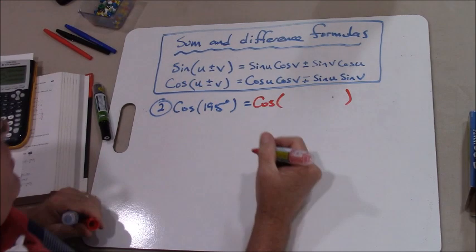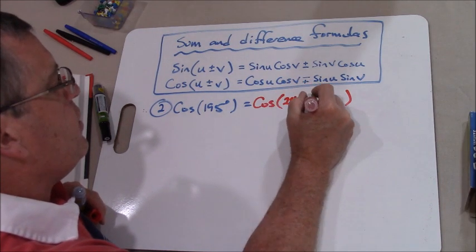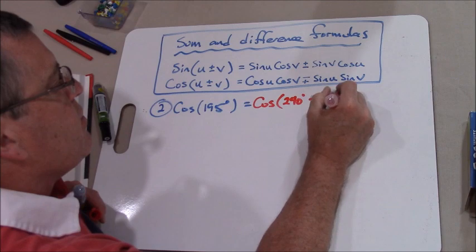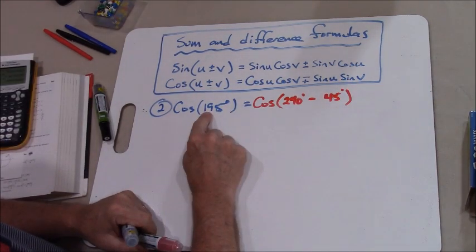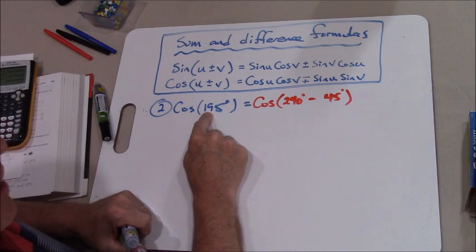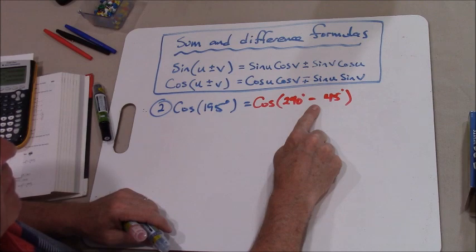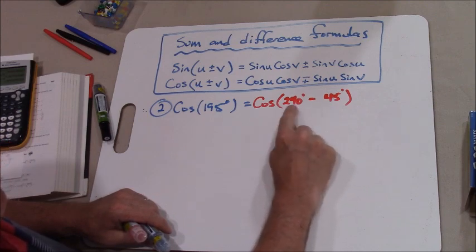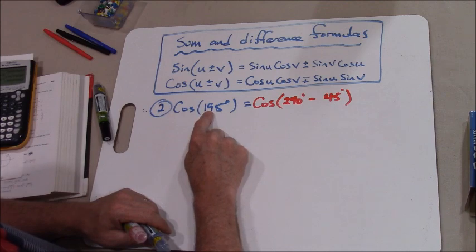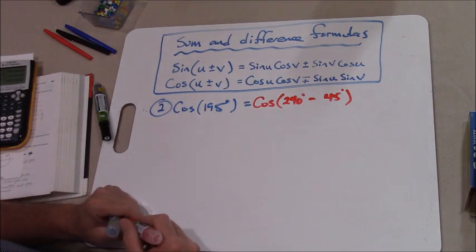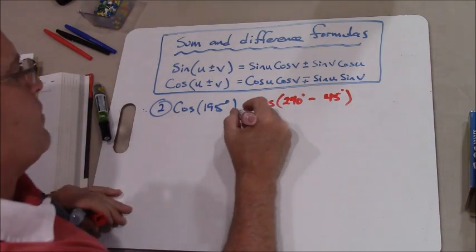All right, so I'm going to use, let's go 240 degrees minus 45 degrees, okay? Now, if you chose 150 plus 45, that's fine, don't change it. You keep on working with what you have, but I'm going to do something different. I've got 240 minus 45, that does equal 195, okay? And so according to the formula here, I want cosine of the first times cosine of the second.